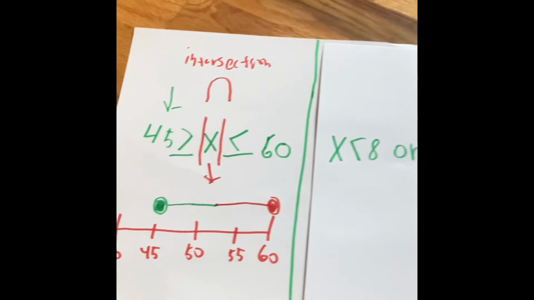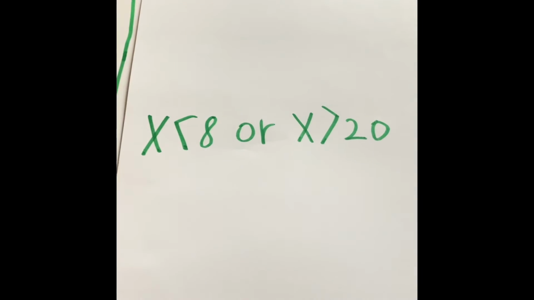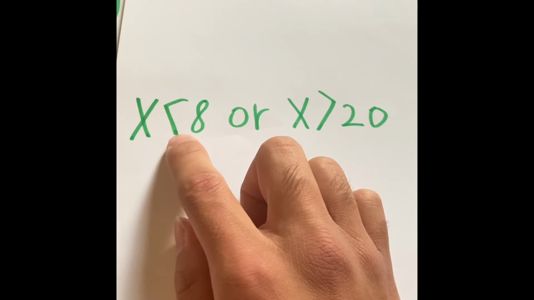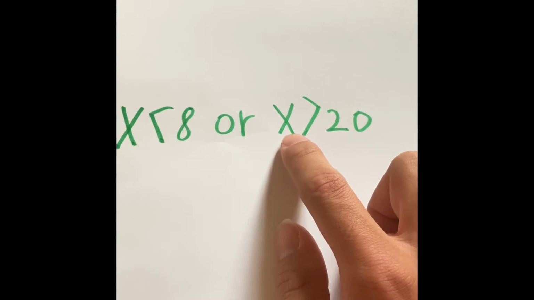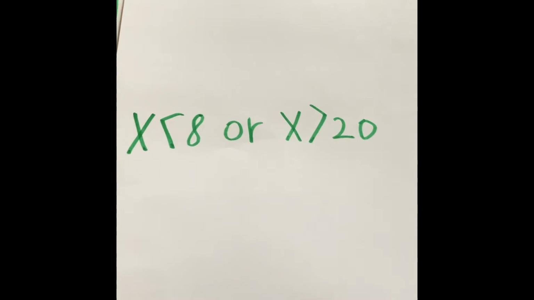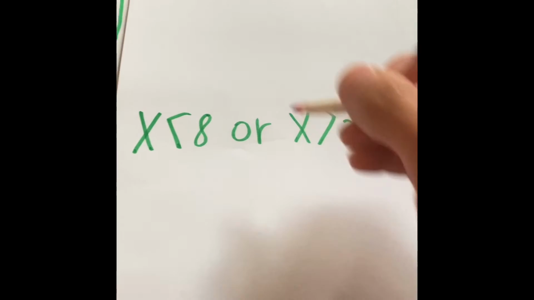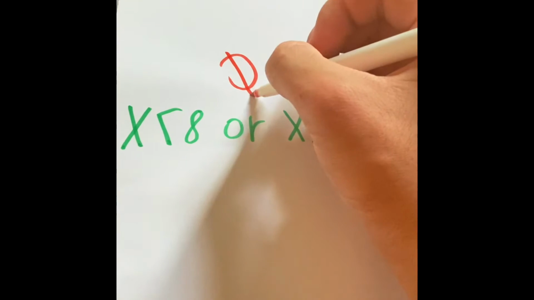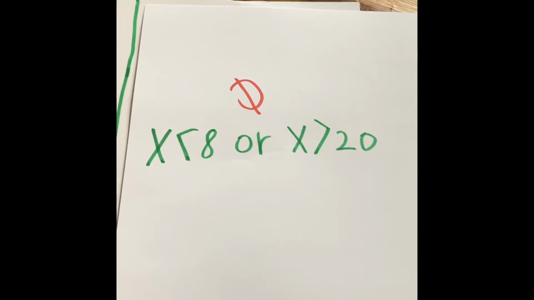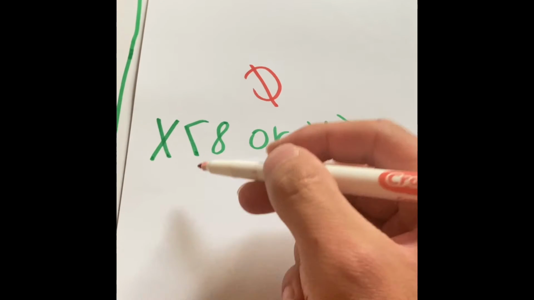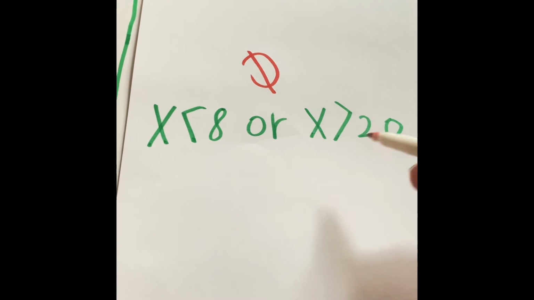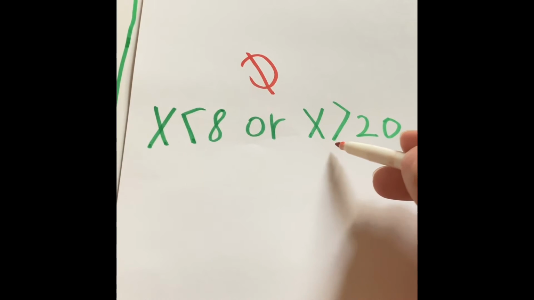But what happens if we find this kind of problem? x is less than 8 or x is greater than 20. Many people think that this will become a no solution, because many people will be like, how can a number be less than 8 and the same thing as more than 20?